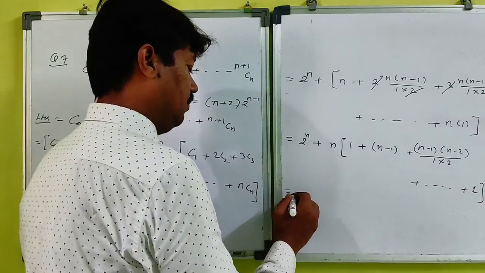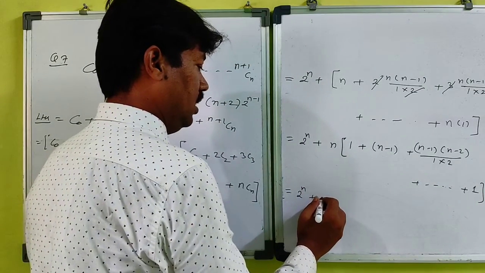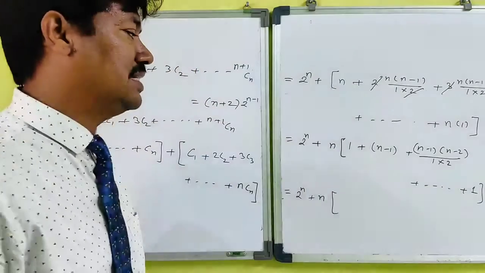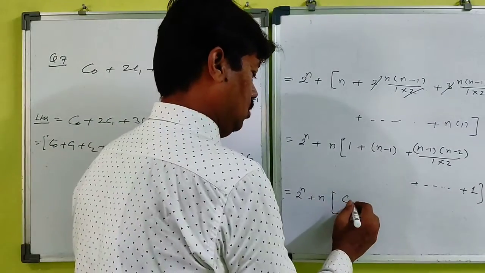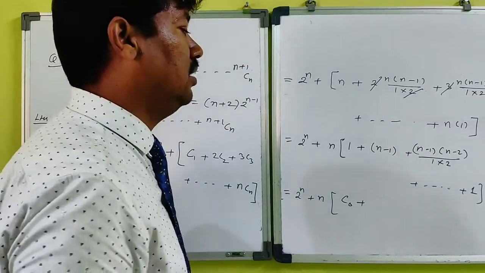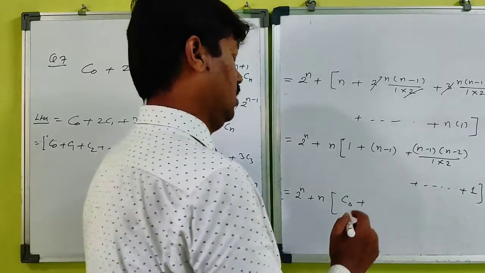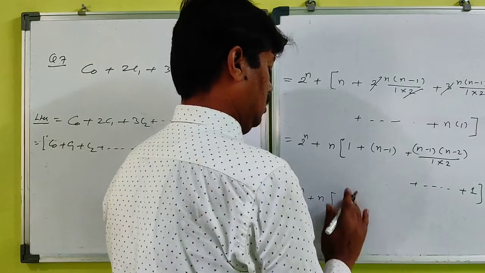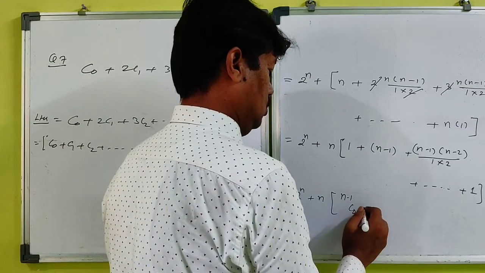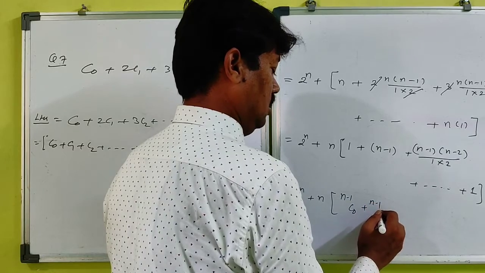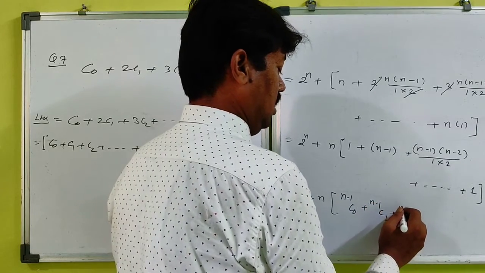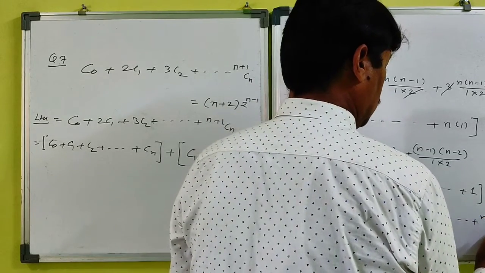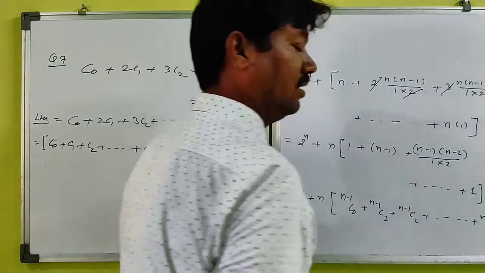That is nothing but 2 raised to n plus n into, we can say, (n minus 1)C0 plus (n minus 1)C1, (n minus 1)C2, and the last (n minus 1)C(n minus 1), like this.